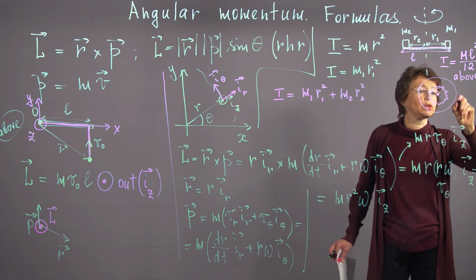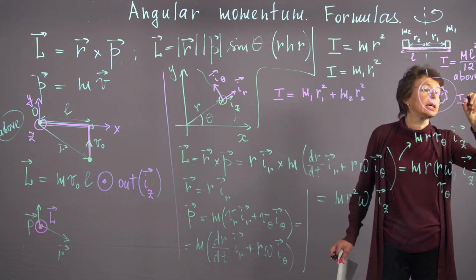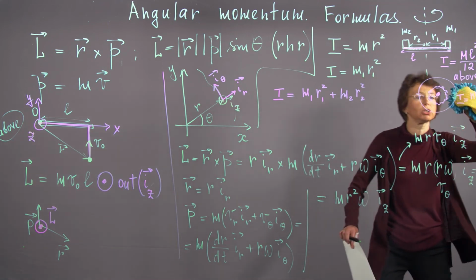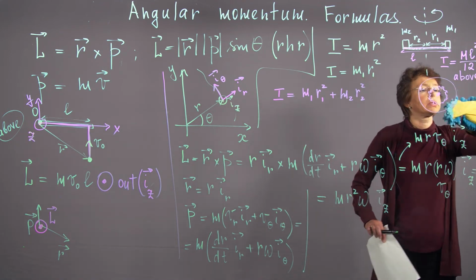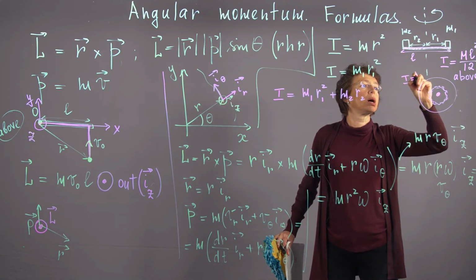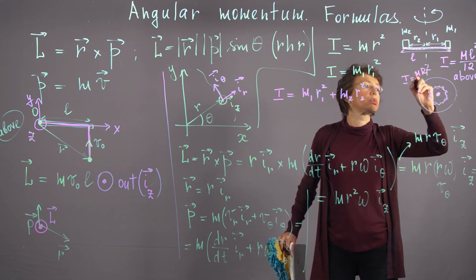And the moment of inertia of the disk about the axis through the center is m radius squared over 2. Let me just move it here, where you can see. So for this one, it will be m of the disk, r squared over 2.